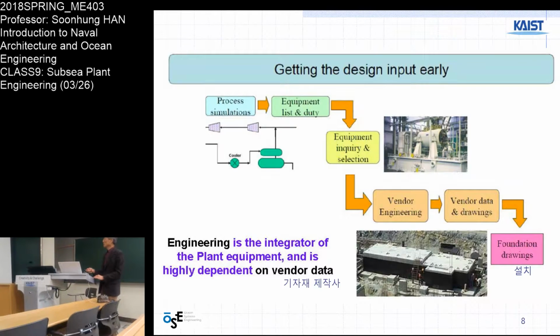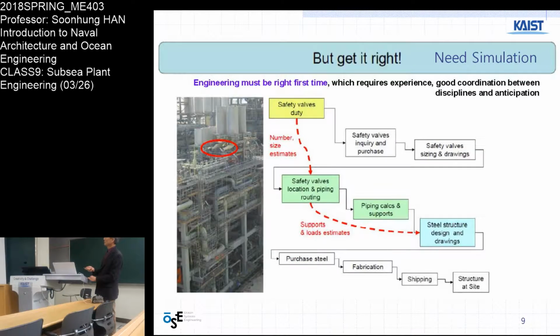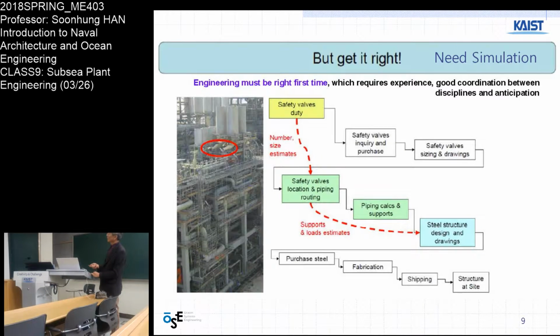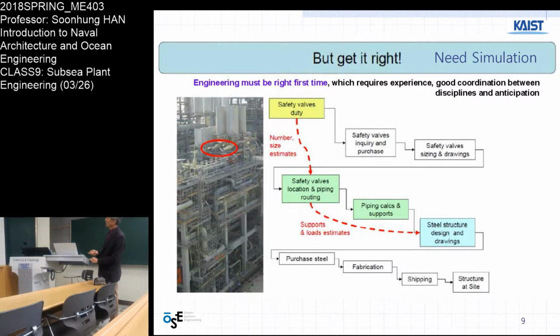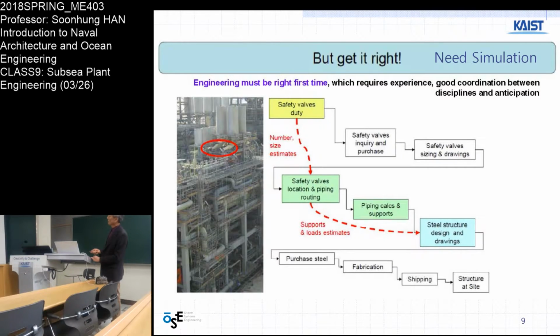And so something happens, a safety valve case, something is wrong. What is wrong? Number and size, the cost estimate and weight estimate. And also you need a support and load estimate. If we skip steps to reduce time, something may not be well finished.